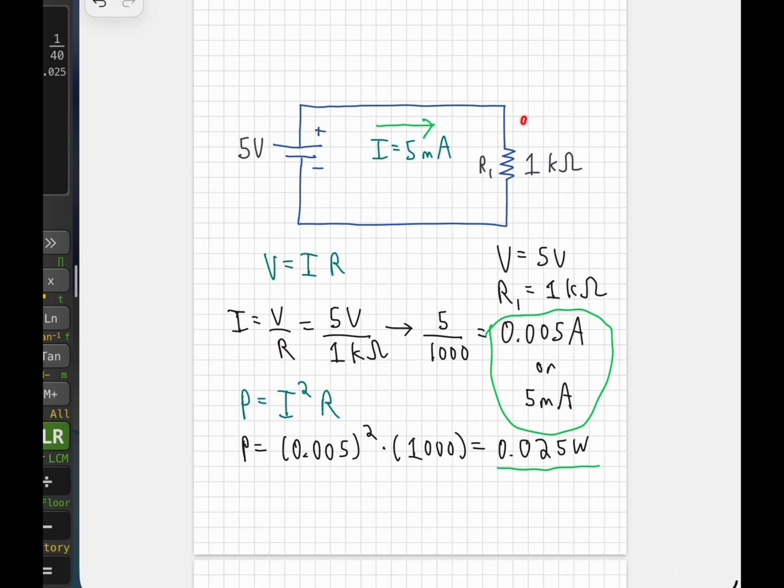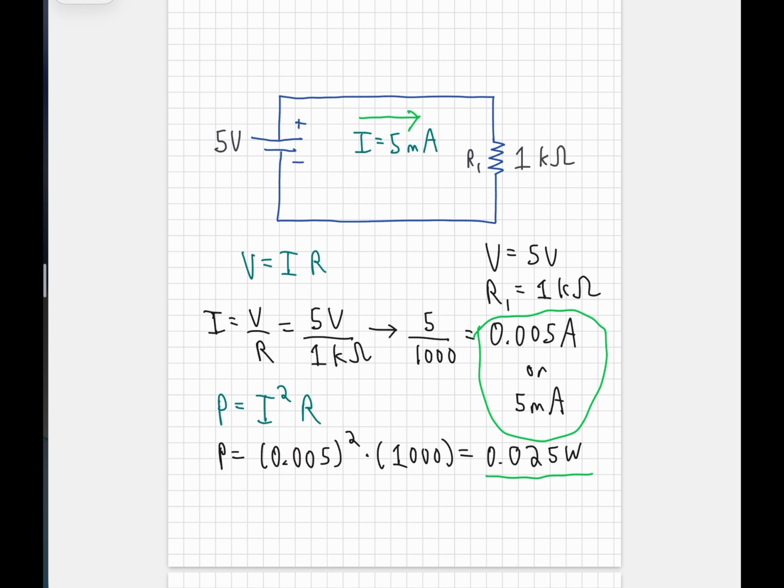So every second, energy is being used up. Exactly how much? You're using up 0.025 watts of energy every second going through this. Watts is also joules per second, where joules is a unit for energy.